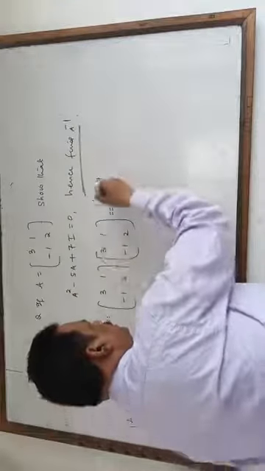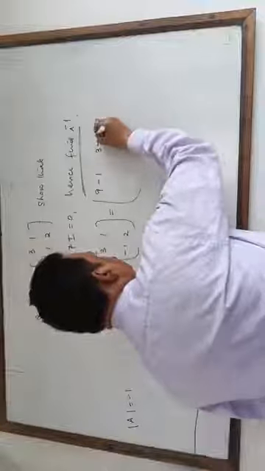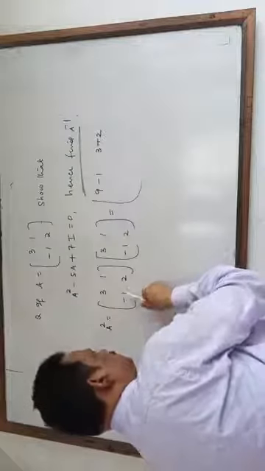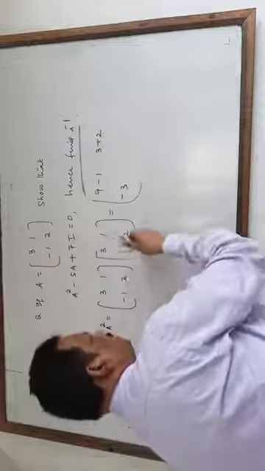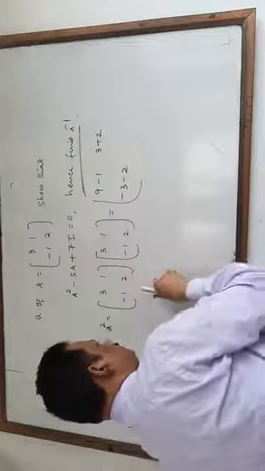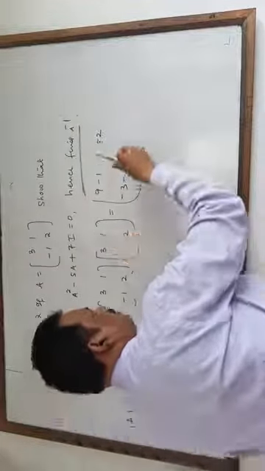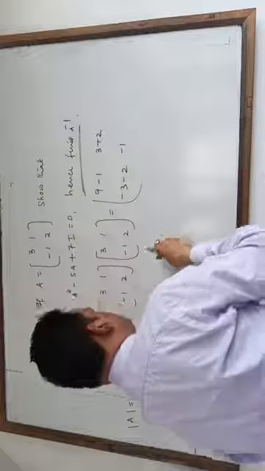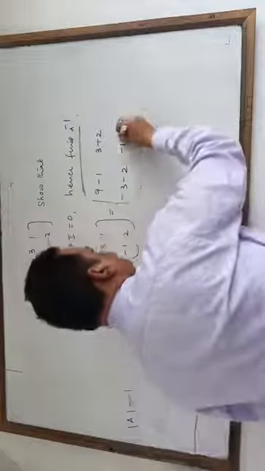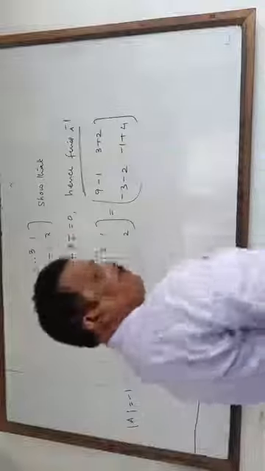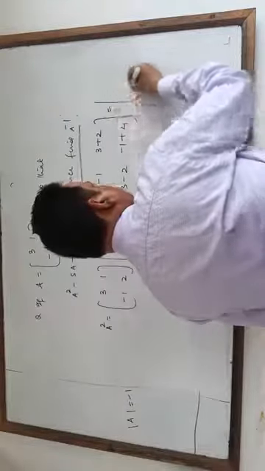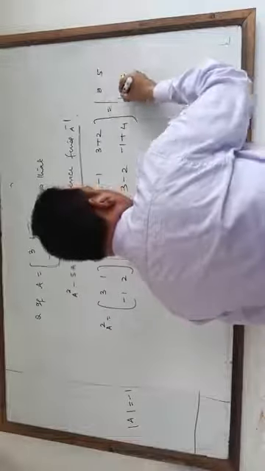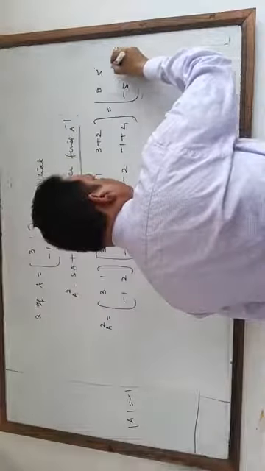Then 3 1s are 3 plus 2. So minus 1 into 3 minus 3. 2 into minus 1 minus 2. Minus 1 into 1 minus 1. 2 into 2 plus 4. So that gives you 8 5 minus 5 3.